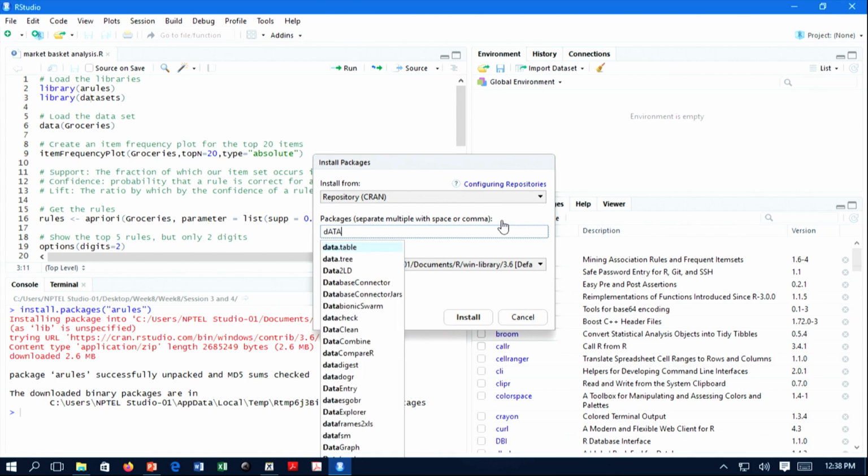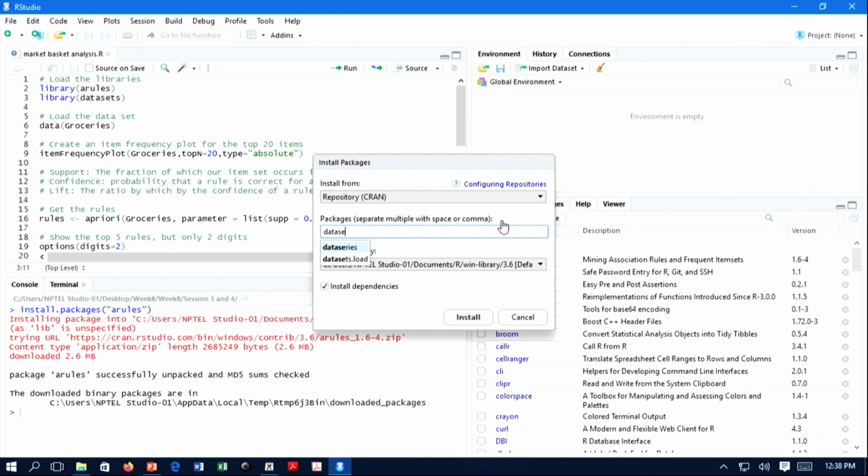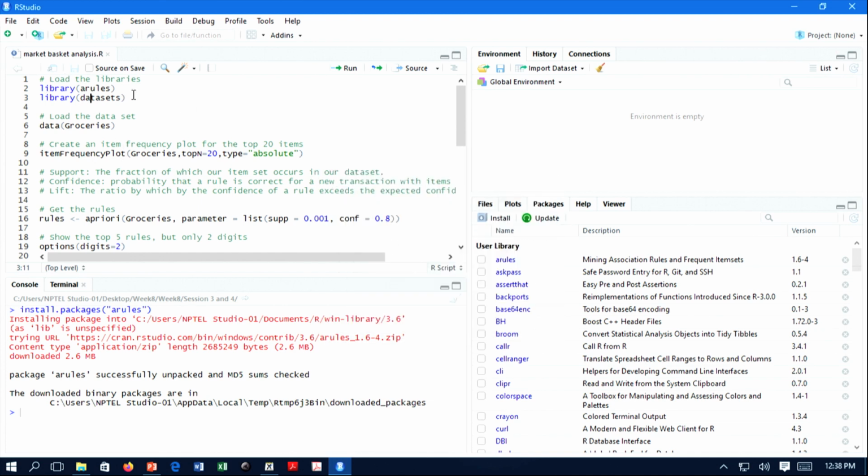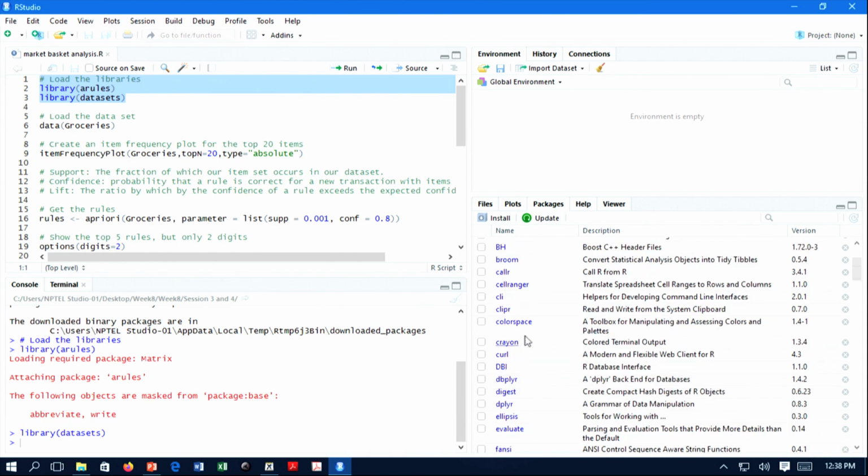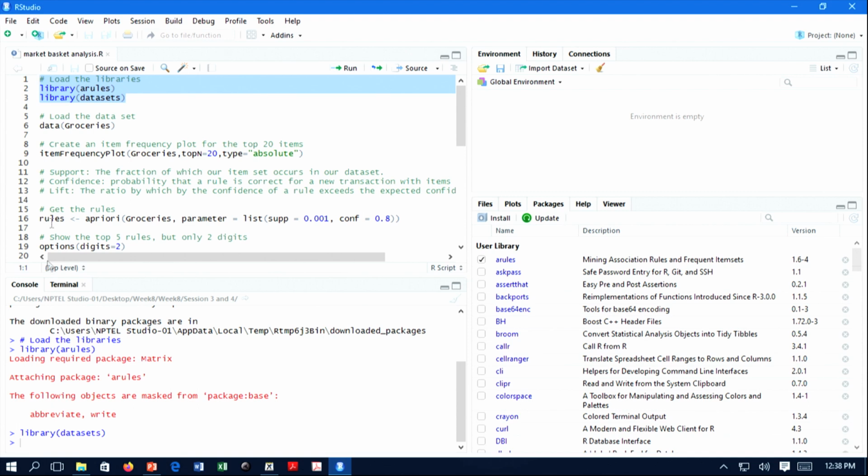The datasets package does not seem to be available for this new version of R, so let us see whether we can do it without that. I am calling the arules library; the datasets library might already be installed, since it is there in your base package. Okay, arules has been loaded.